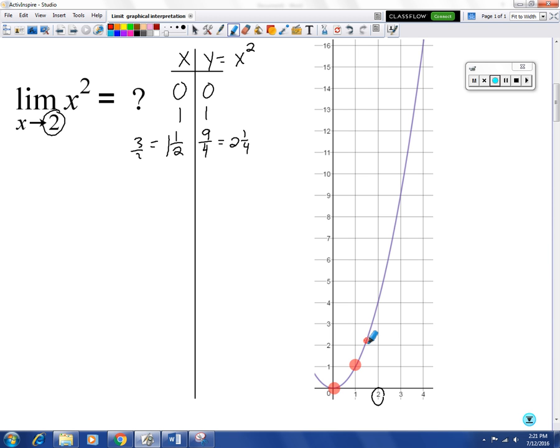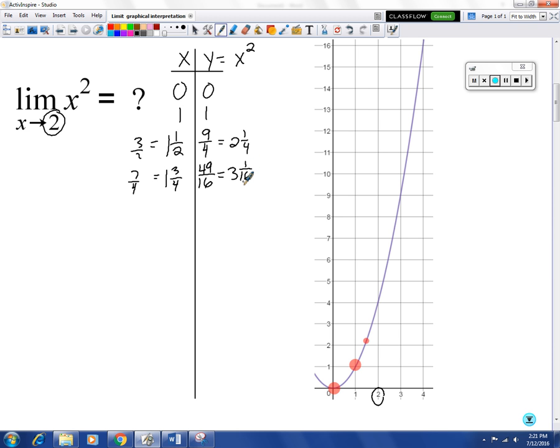So that smaller dot is right about there. It's closer. Now I'm going to get a little bit closer, but not actually use 2. I'm going to use 1 3/4. That's close to 2, and it is the same as 7/4. When I square the 7 and the 4, I get 49 over 16. 16 goes into 49 3 times with a remainder of 1.